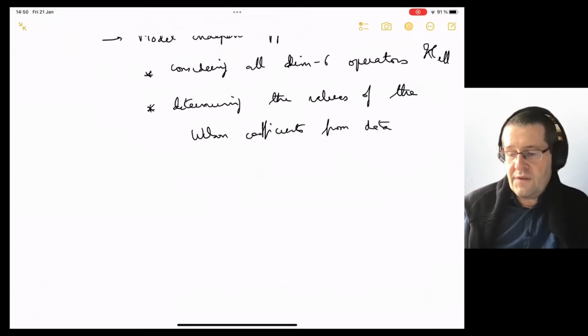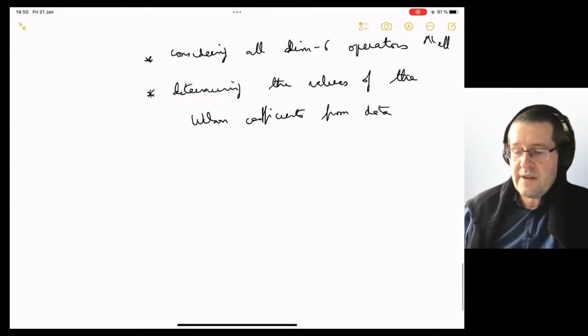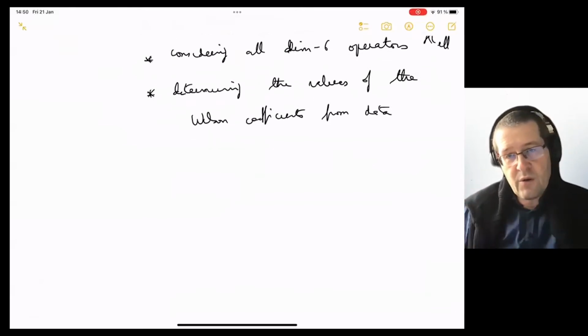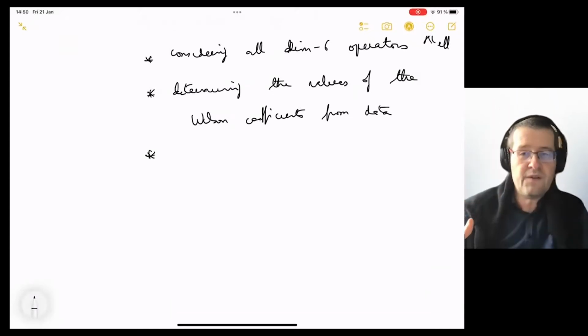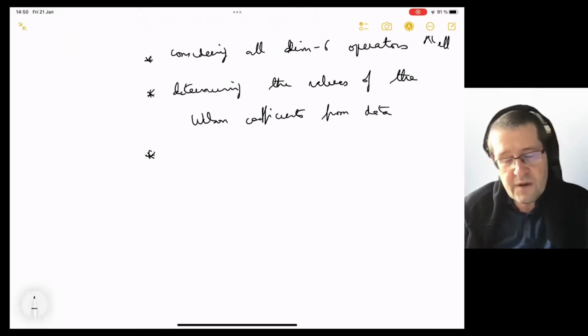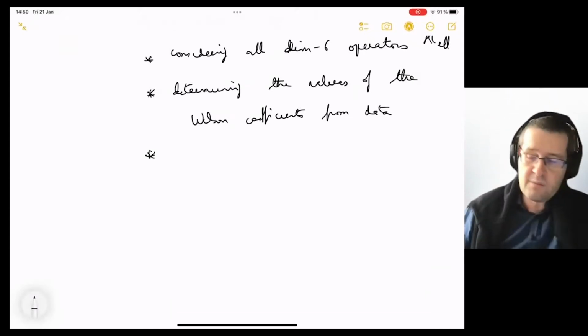Once you've done this, this part is completely independent. You're considering all possible modifications at short distances allowed within your effective framework. So this is something completely general.